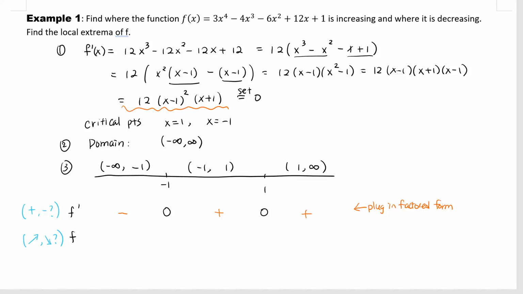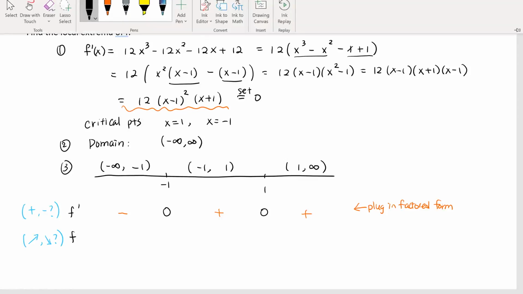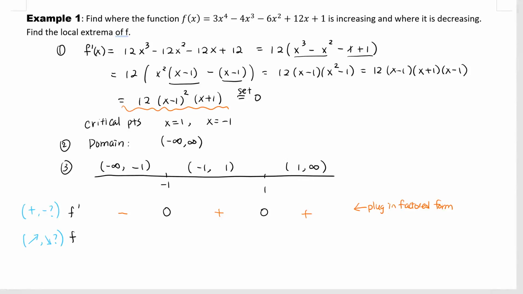Once we figure that out, remember if f prime is negative, the function is decreasing. If f prime is positive, then our function is increasing. Think about it. Now our function decreases and increases. What is this point?